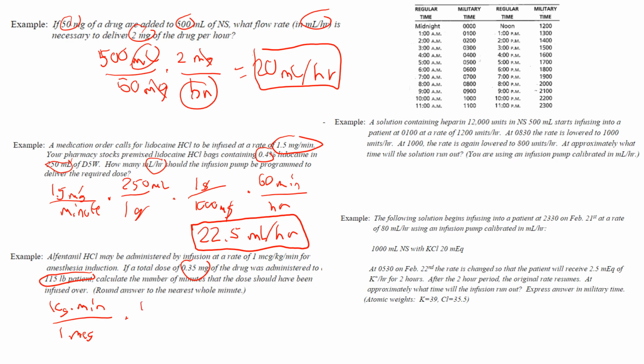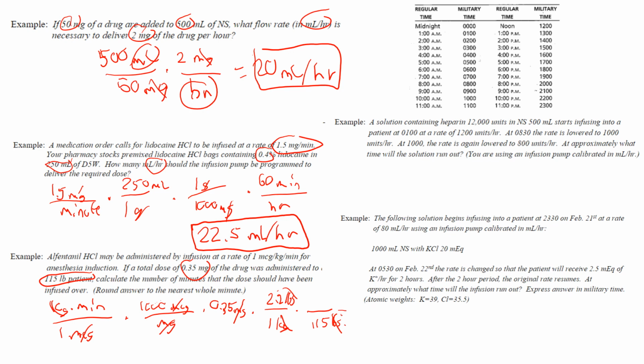So if we do 1,000 micrograms per milligram times 0.35 milligrams, these cancel. Then we know that 1 kilogram is 2.2 pounds. These cancel. Patient's 115 pounds. These cancel. And we are left with minutes.